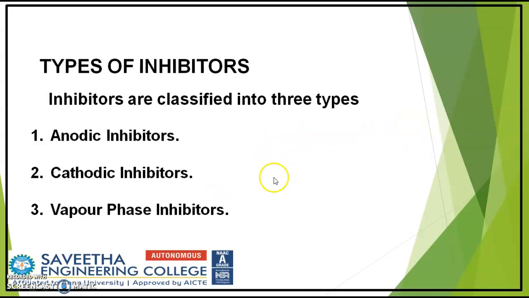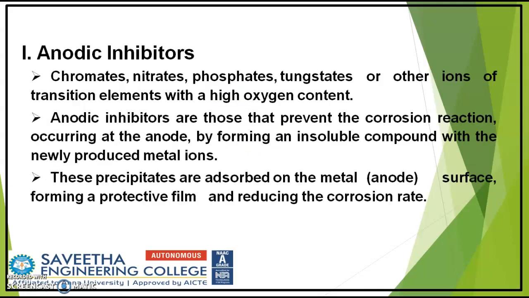environment. There are three types of corrosion inhibitors: anodic inhibitors, cathodic inhibitors, and vapor phase inhibitors. The anodic inhibitors are chromates, nitrates, phosphates, tungstates or other ions of transition elements with a very high oxygen content. The anodic inhibitors prevent the corrosion reaction occurring at the anode by forming an insoluble compound with the newly produced metal ions.